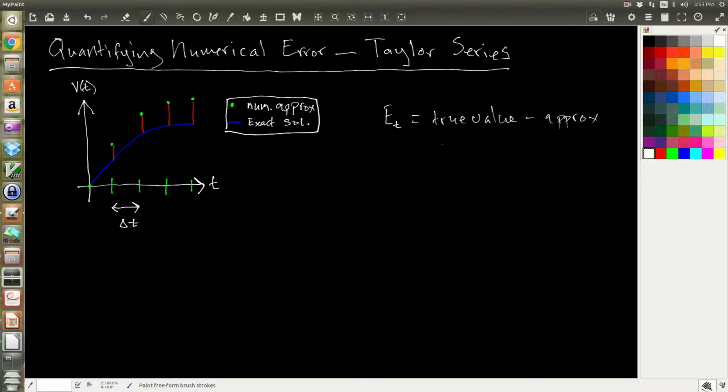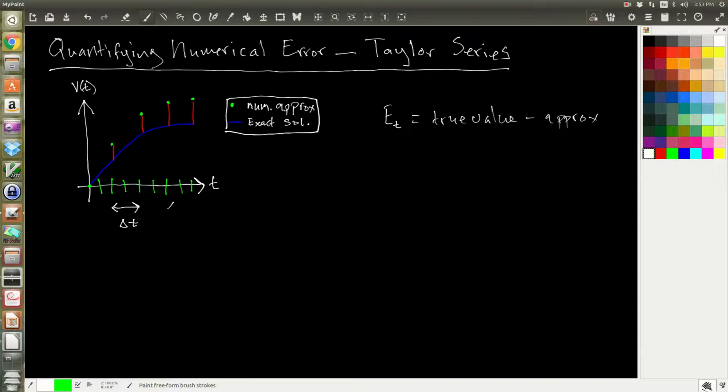And then I also showed you how if we take this spacing and chop it in half, so instead of having 1, 2, 3, 4 intervals, now we're going to have 8, we chop each of these intervals in half and come up with a new delta t.